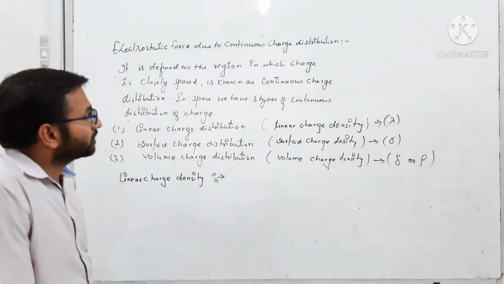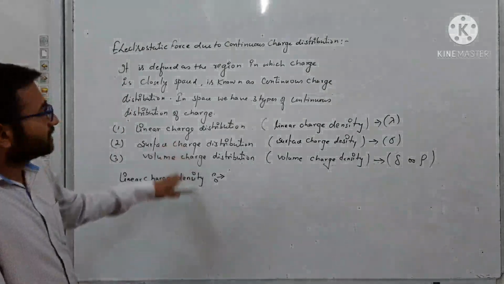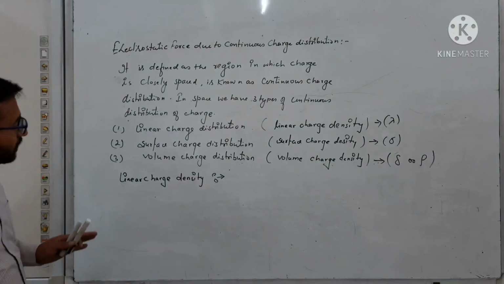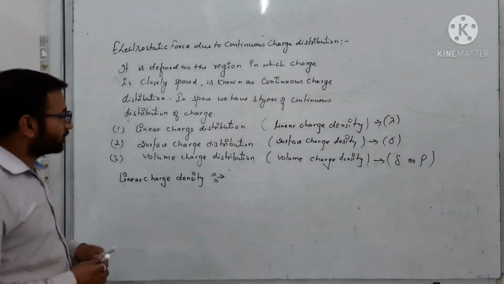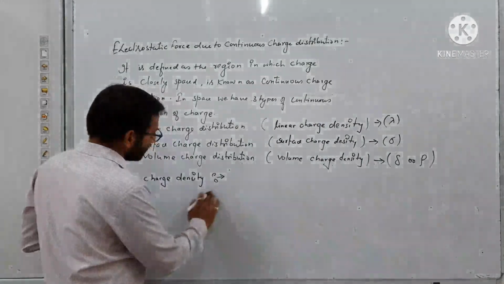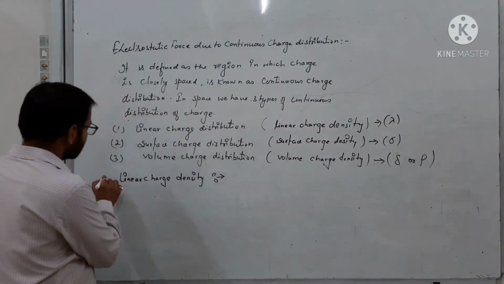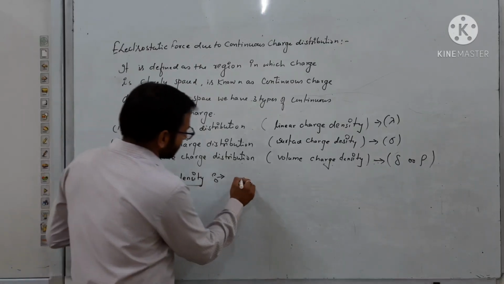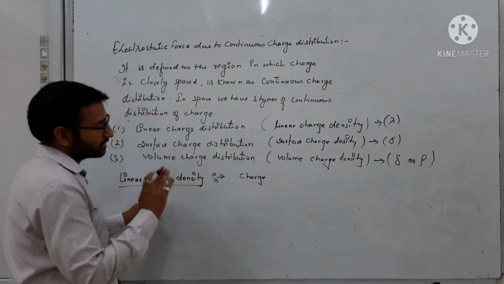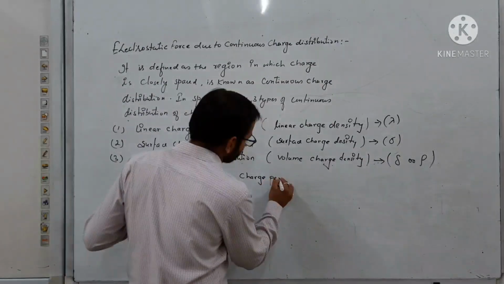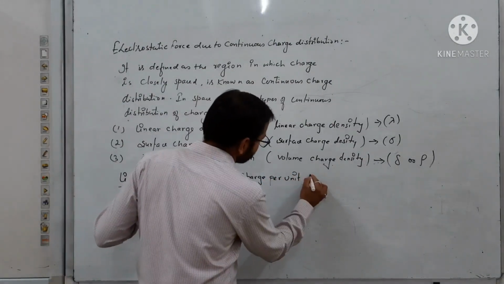On the basis of the distribution of charge, we will categorize three types of densities. The definition of densities in terms of charge: linear charge density is defined as the charge per unit length.